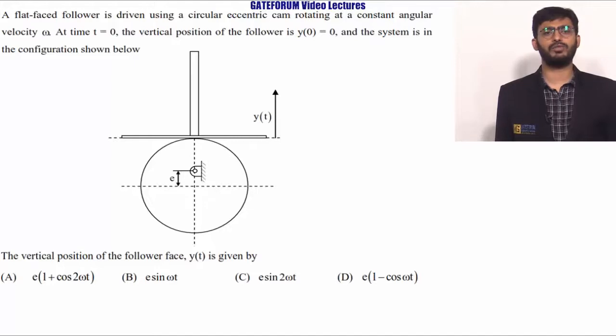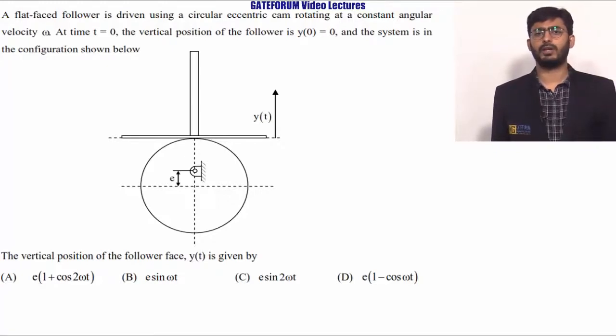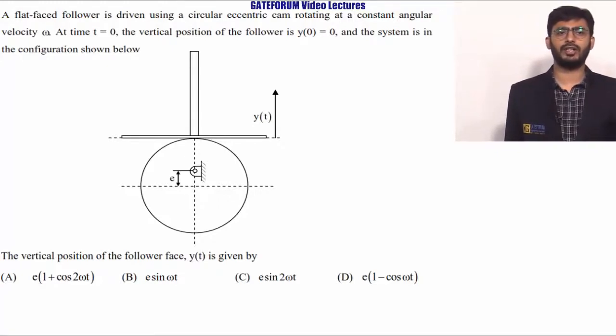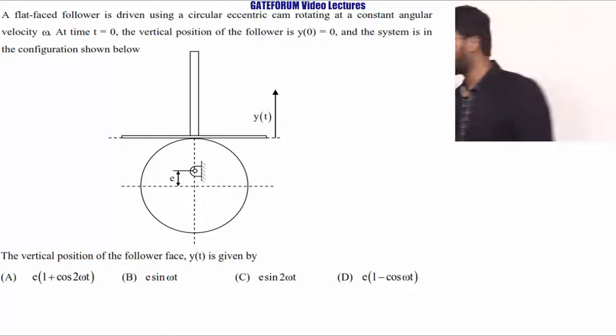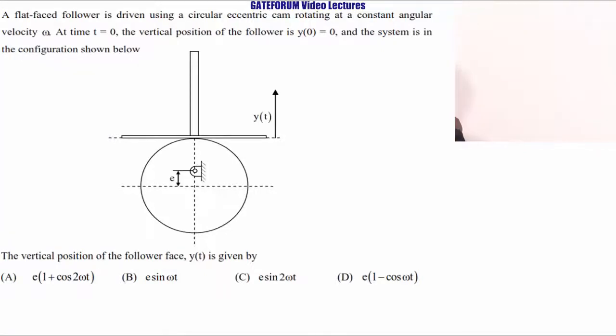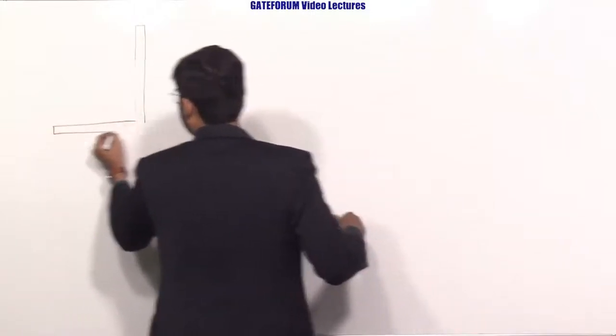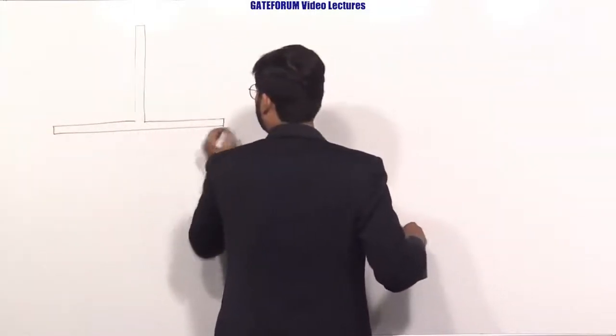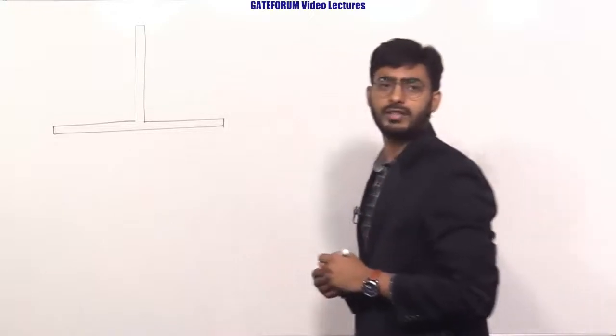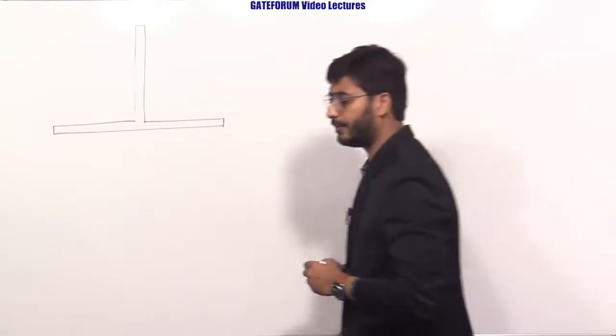At the time t equal to 0, the vertical position of the follower is y of 0 equal to 0 and the system is in the configuration shown below. Here the flat-faced eccentric follower is given to you.